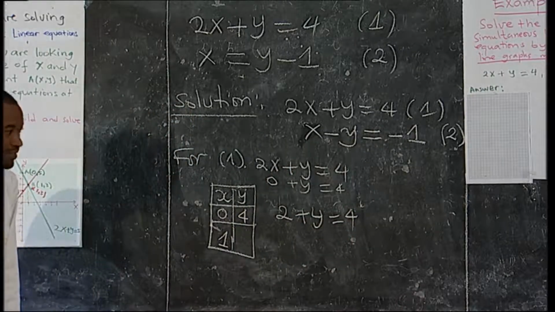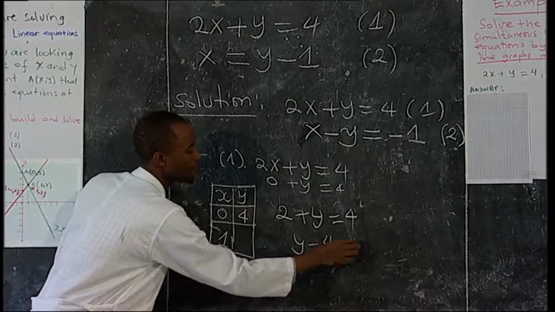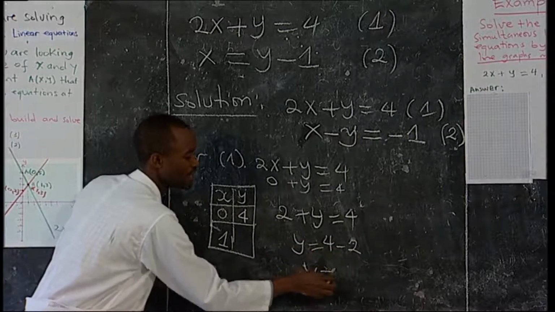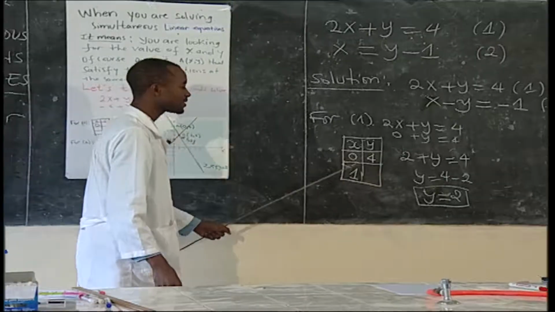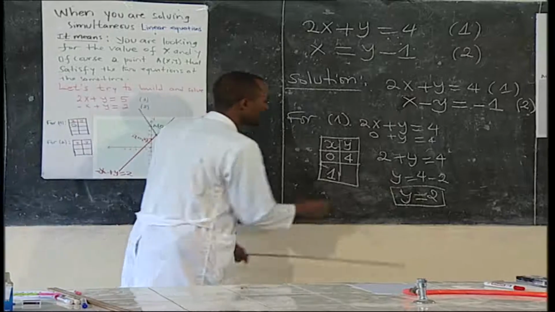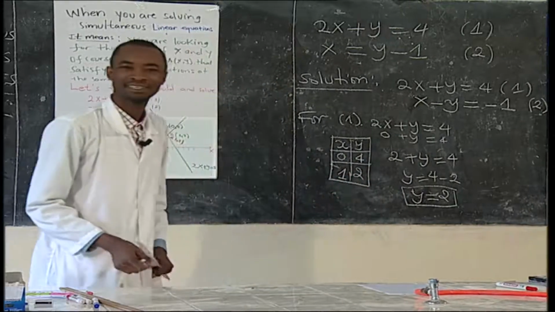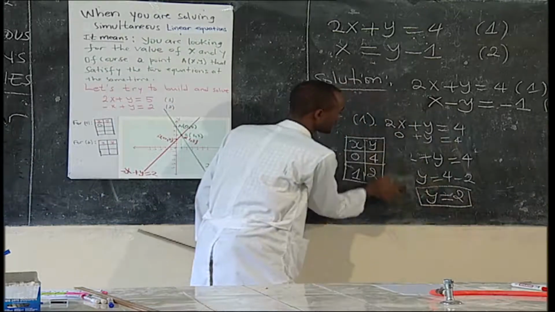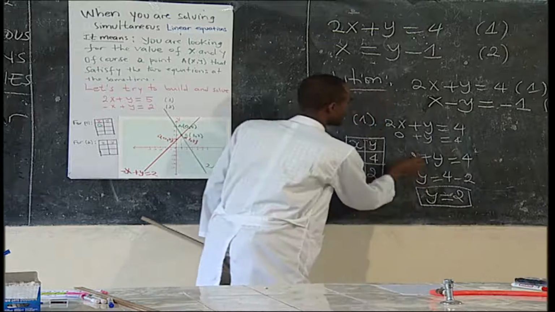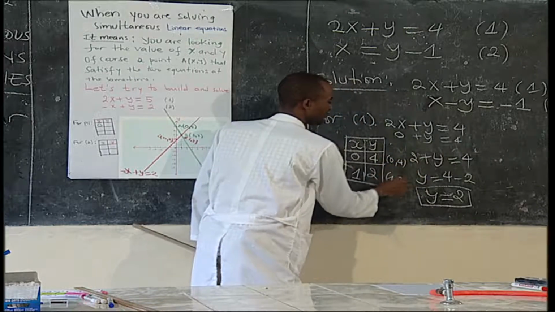Then y equals 4 minus 2, and y is equal to 2. Whenever x is equal to 1, y will be equal to 2. I'm done with the 2 points that I need. The first equation has these coordinates: here we have 0 and 4, and here we have 1 and 2.